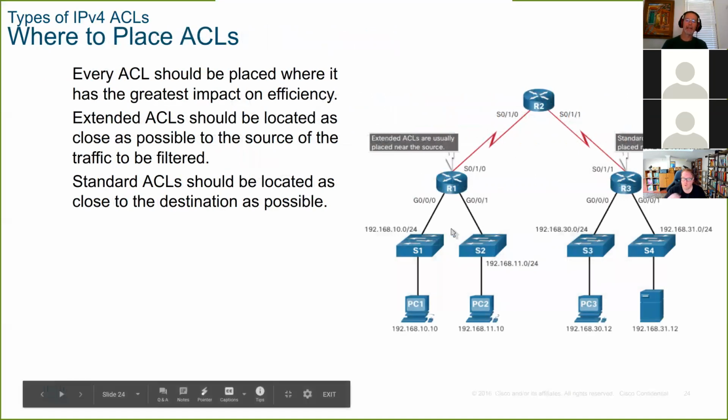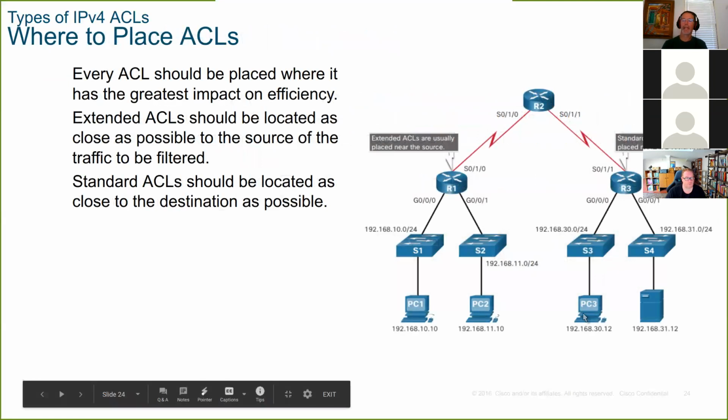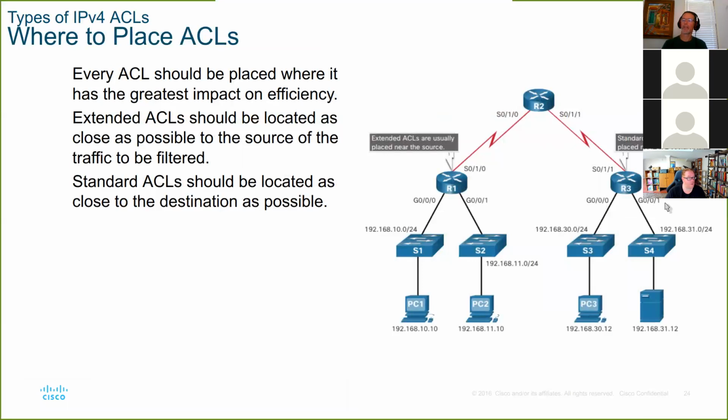If we had a communication going from PC1 and we wanted to say PC1 is not allowed to get to this side over here, right? Can't get to either of these networks. Standard ACL filters only on source IP address. So we're going to put a standard ACL as close to the destination as we can.